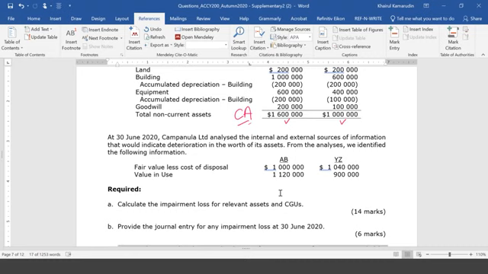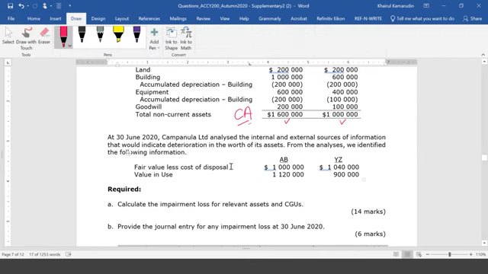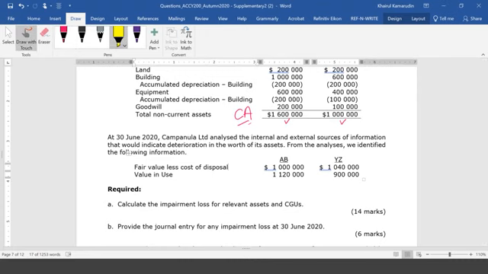From the analysis, we identified the following information. For AB, this is the fair value less cost to sell, the cost of disposal. This is the value in use.